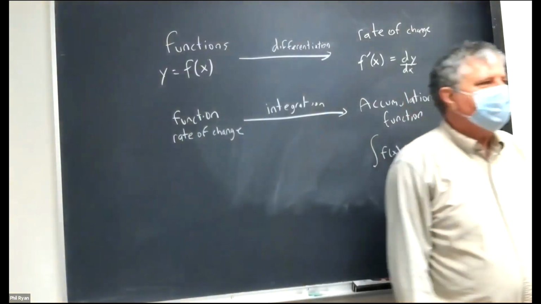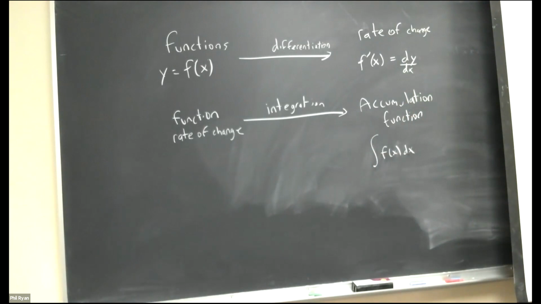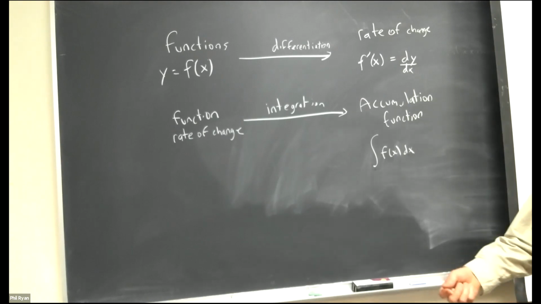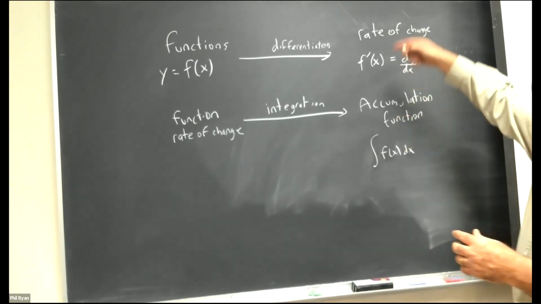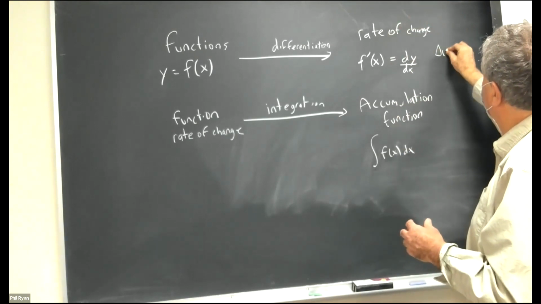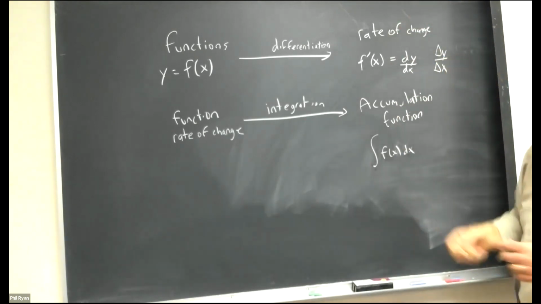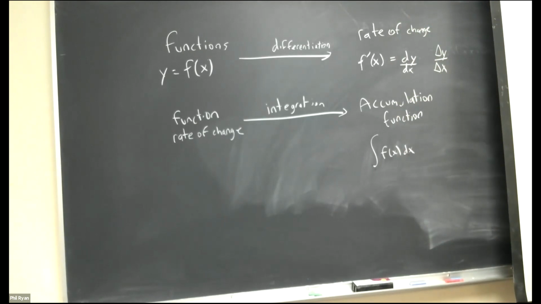Right, so let's think in terms of distance and velocity. If we have a function that gives us a distance traveled, then we've already seen that when we take the derivative, when we look at delta y over delta x, a little bit of distance traveled over a little bit of time, that ratio approximates the velocity we're going.